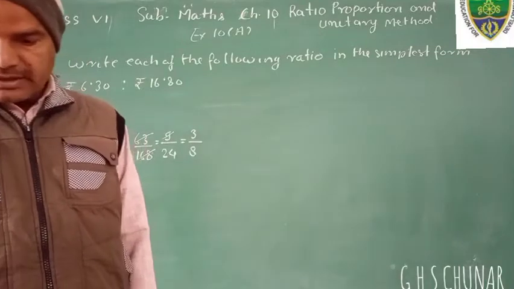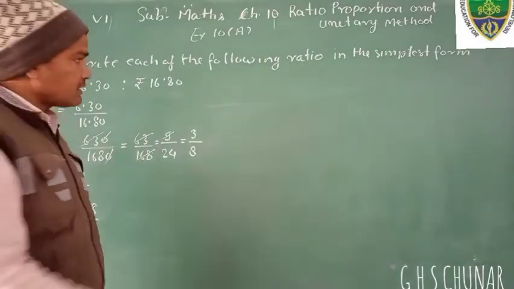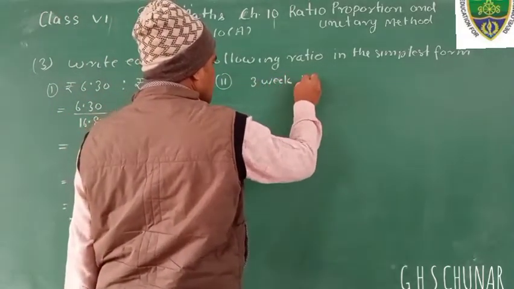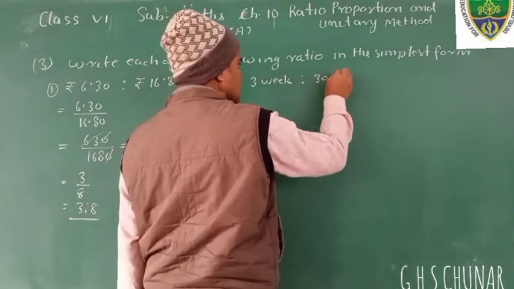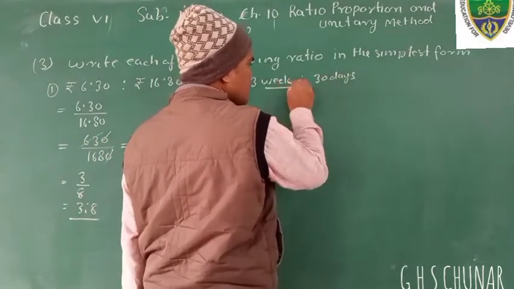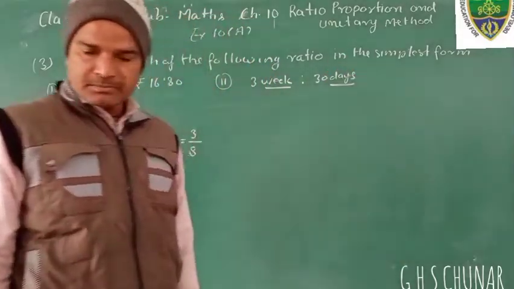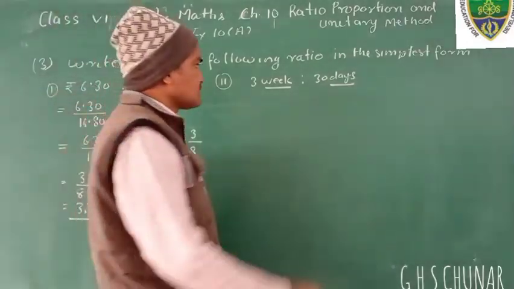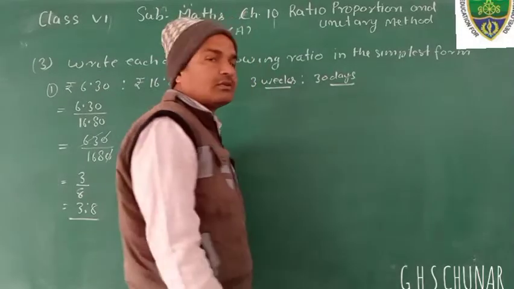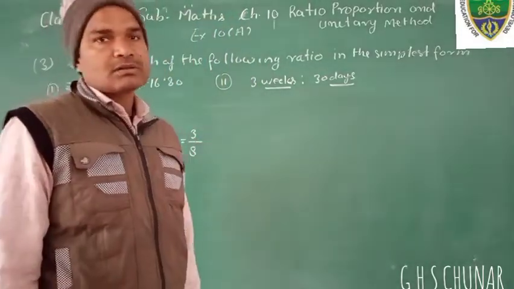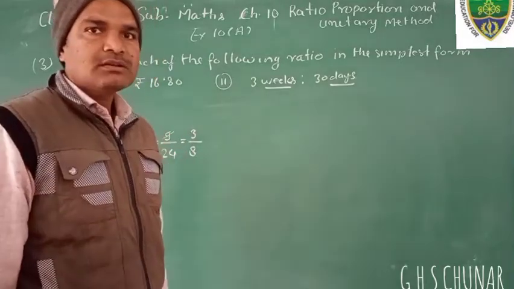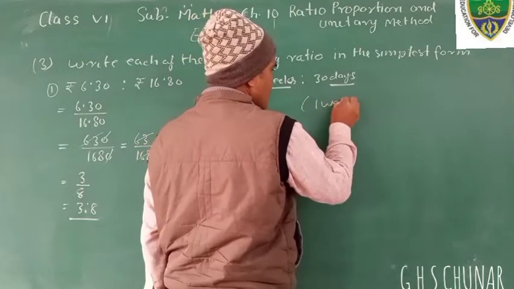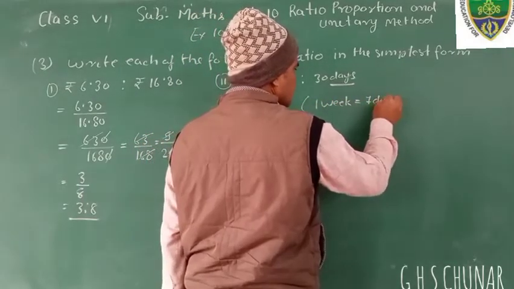Next one, 3 weeks ratio 30 days. Here the units are different. The unit of the first term is weeks, and the unit of the second term is days. So we convert them to the same unit. We know 1 week is equal to 7 days.